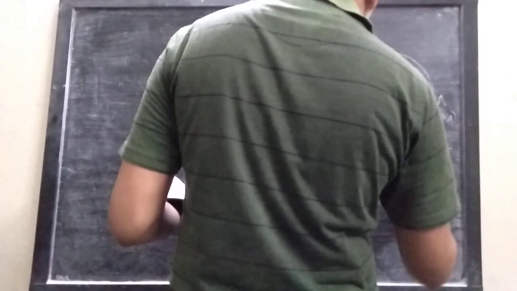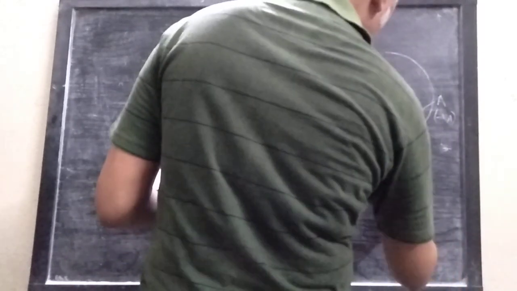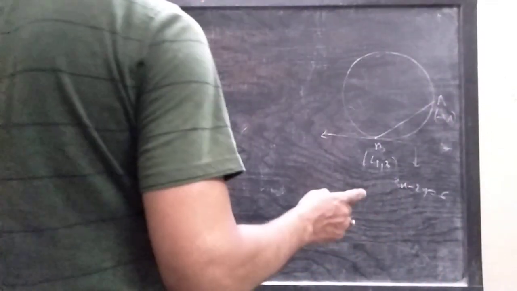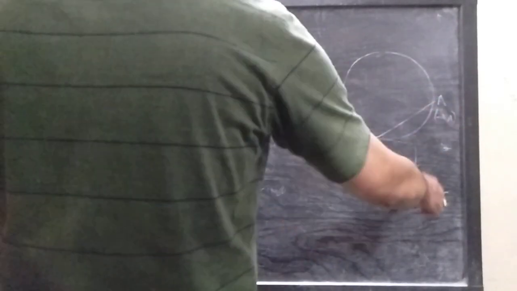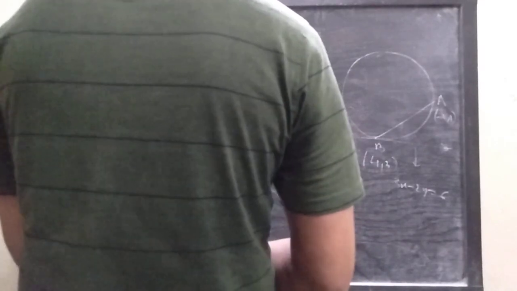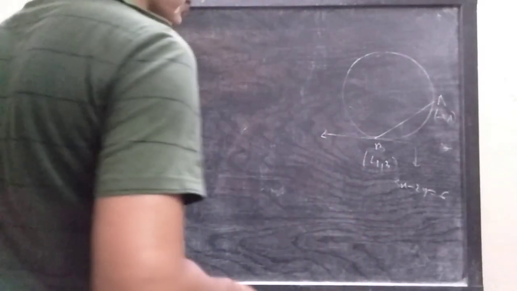The equation of this straight line is 3x minus 2y equals 6. Look here, the circle passes through the point A (minus 2, 1) and touches the straight line 3x minus 2y equals 6 at the point (4, 3). And you are asked to find the equation of the circle.